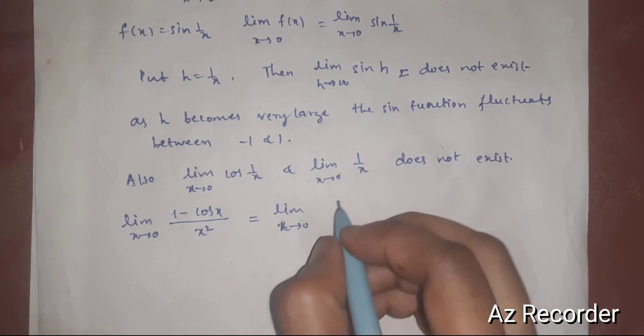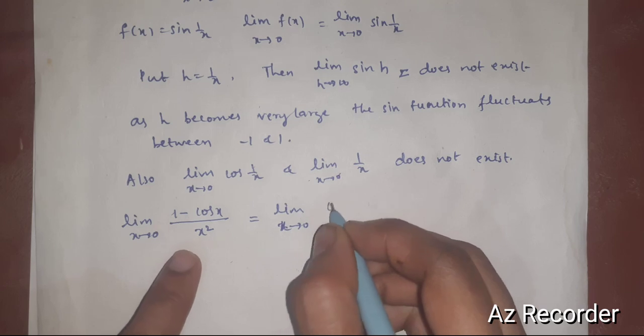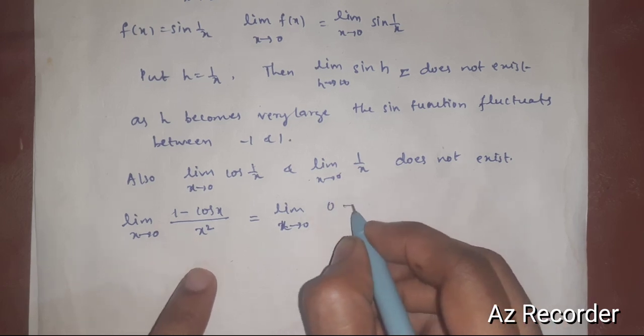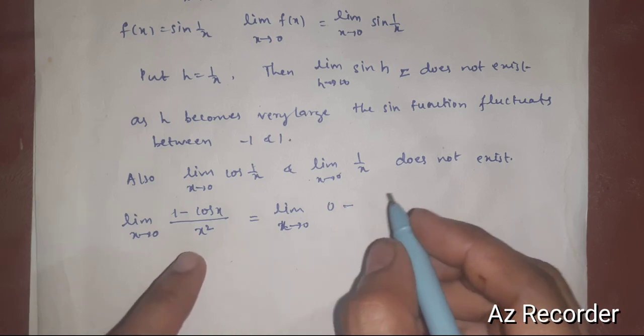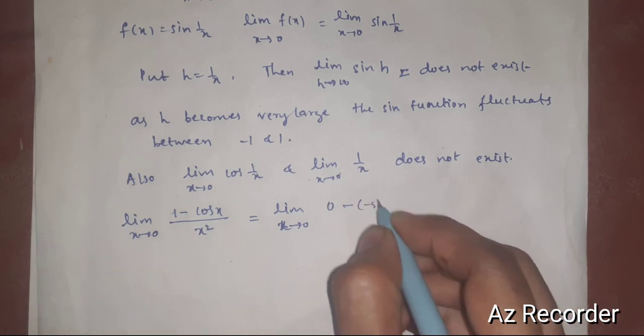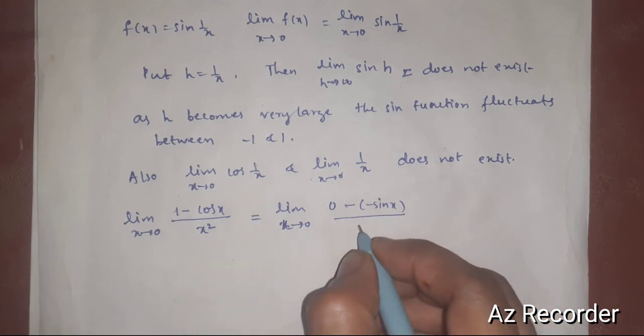As x tends to 0, the derivative of 1 is 0, minus the derivative of cos x, which is minus sin x, divided by the derivative of x square, which is 2x.